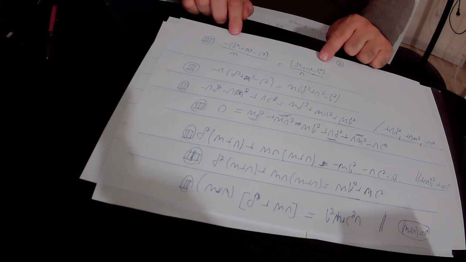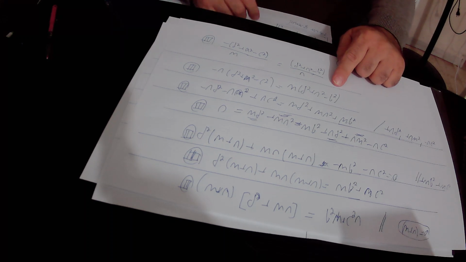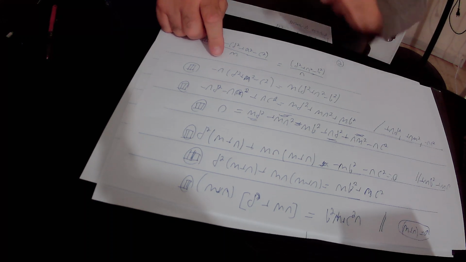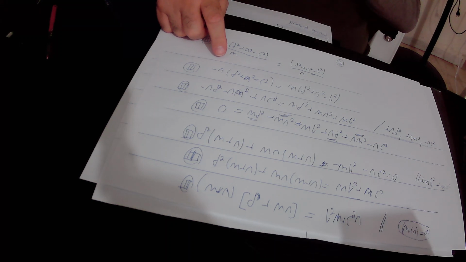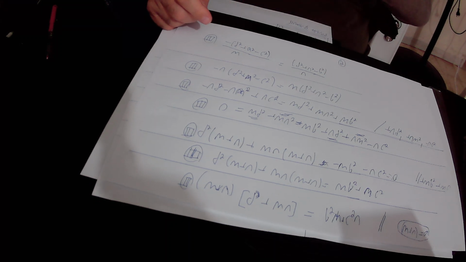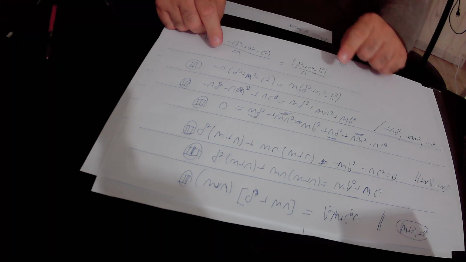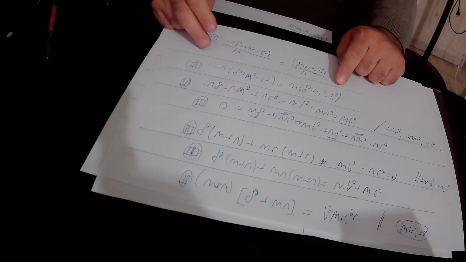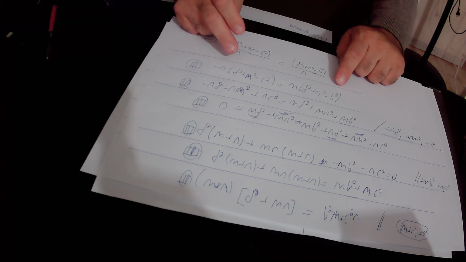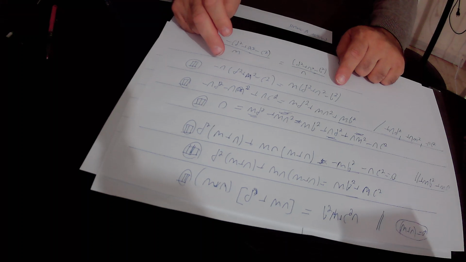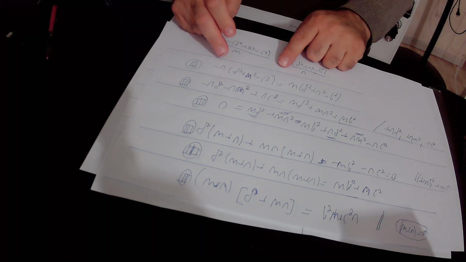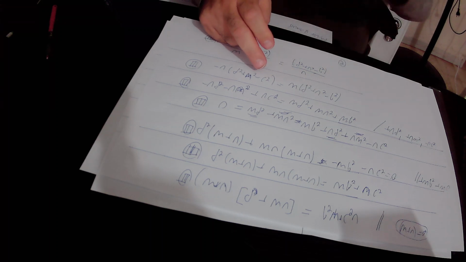So we got this expression after multiplying equation number 3 by 2d. Then we cross multiplied this equation and we found out that m times (d square plus n square minus b square) equals minus n times (d square plus m square minus c square). Then we opened the brackets on both sides of equation number 3, and we found out that minus m times d square is minus n d square, minus m times m square is minus n m square, minus n times minus c square equals plus n c square, because minus times minus is plus.